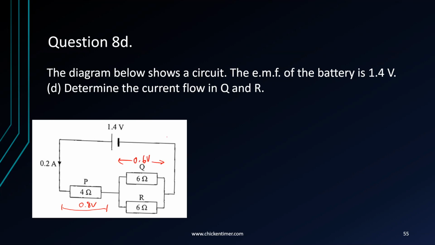Then down here, this is 0.2 amps. Determine the current flow in Q and R. That means current Q, current R. I equals V over R. So you take 0.6 divided by 6.